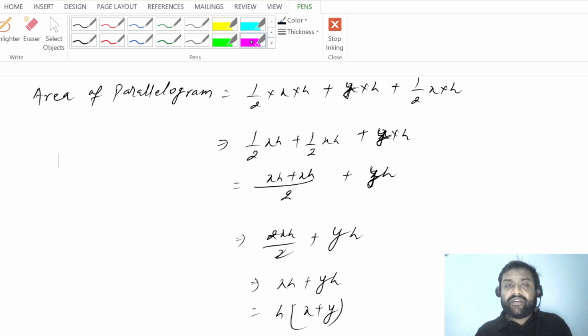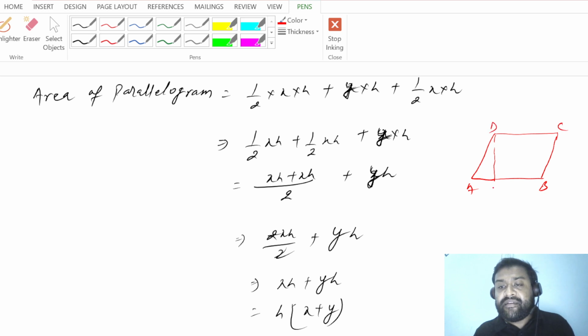And what were x and y? We have just made a parallelogram; I want to make a parallelogram over here also. In this parallelogram, this was again A, B, C, D, and this was y, y, h, h. This is our height, and this is x, and this is x.